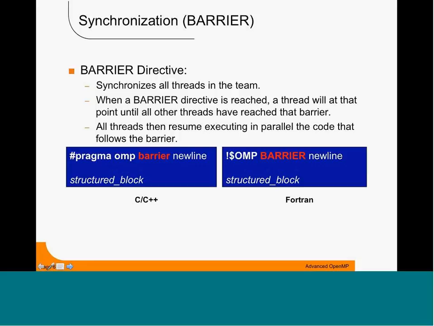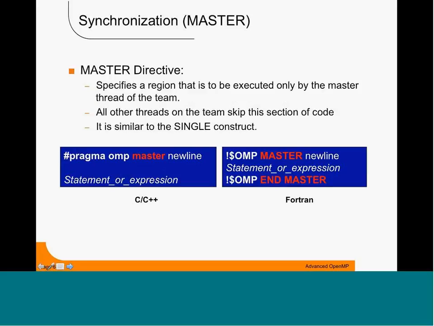Each thread will wait at that point until all other threads have reached that barrier. There is master, so then only the specified region is going to be executed by the master thread. All other threads will be idle in that case.